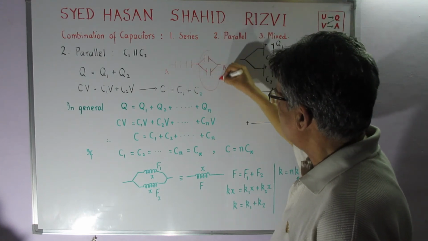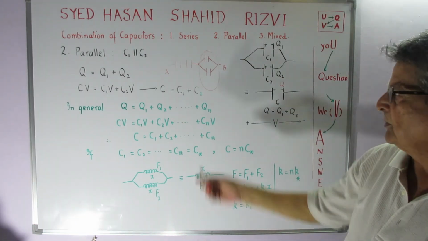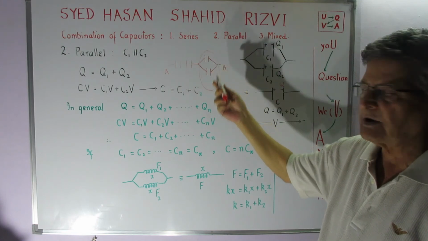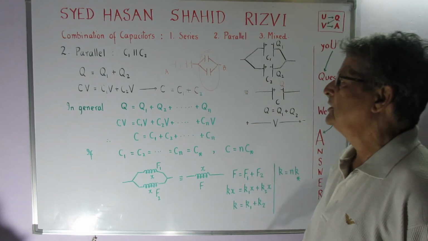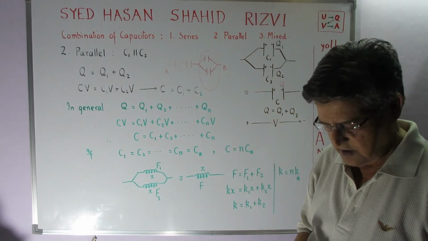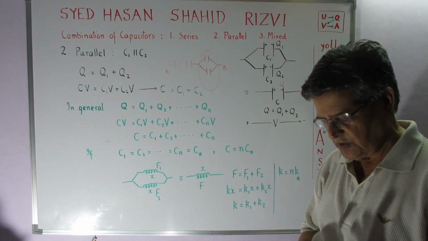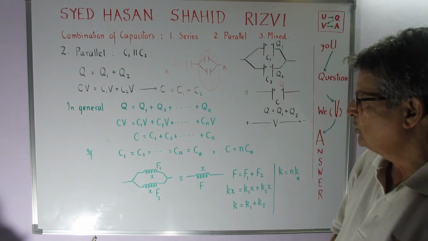First of all, we say that the sum of these two capacitances, then 1 upon this plus 1 upon this plus 1 upon this will be equivalent. So there are many things in the mixed combination that I will take up.